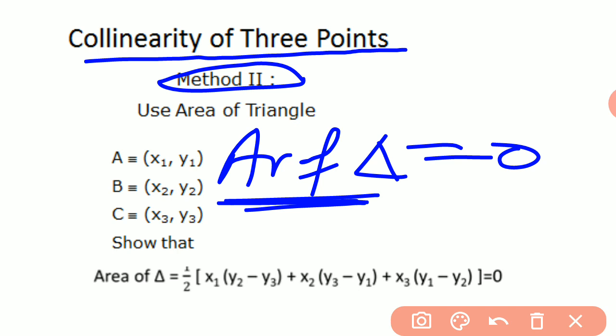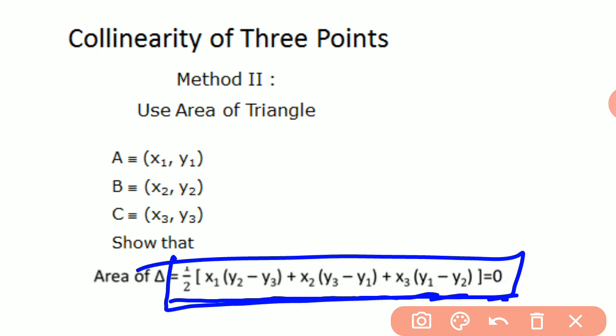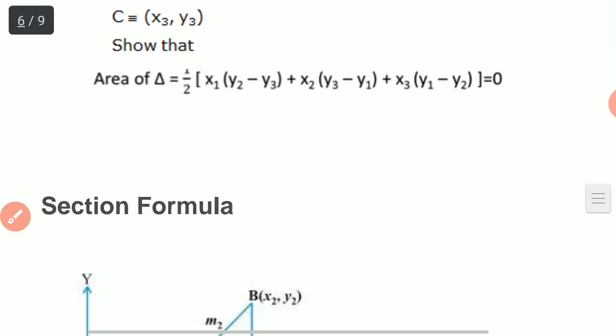That is, area of triangle ABC equals half x1 (y2 minus y3) plus x2 (y3 minus y1) plus x3 (y1 minus y2) equals 0. We will use this result, that is area of triangle equals 0. Then the 3 points will be collinear.